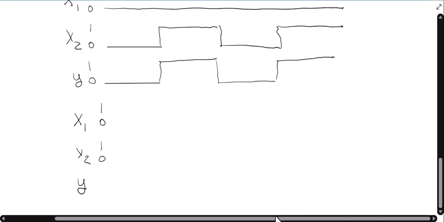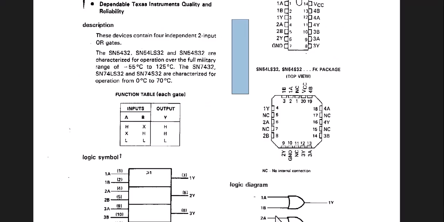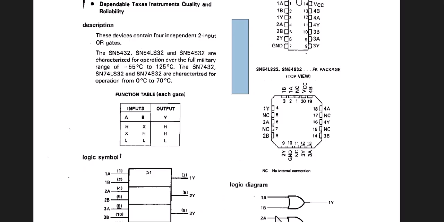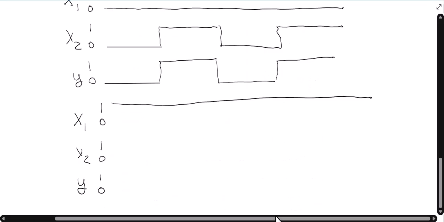So now this time I'm going to make x1 equal to 1, and I'll do the same thing. Now x2 is going from 0 to 1 to 0 to 1.